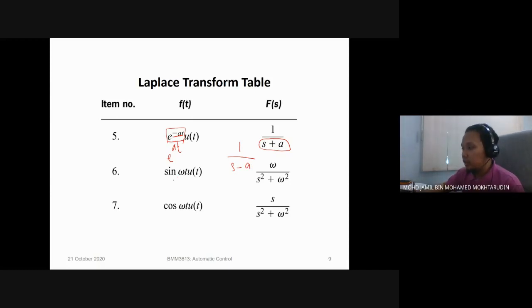The next one is when you multiply the step function with a sine function. In the frequency domain, it becomes omega divided by s squared plus omega squared. Then multiplied with a cosine function, it becomes s divided by s squared plus omega squared.